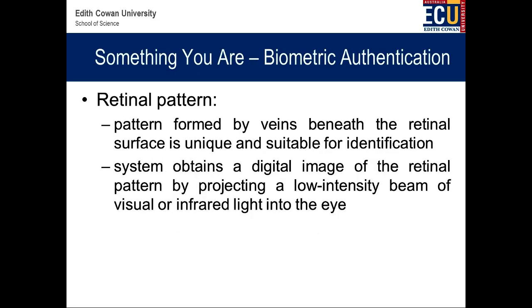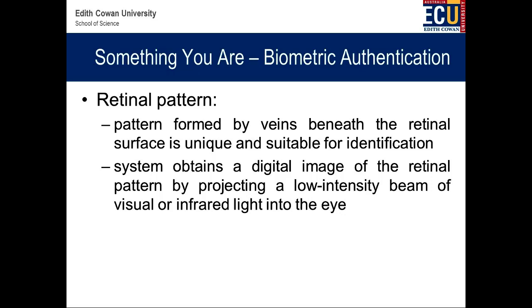Then there is your retinal pattern, which is another example of static or physiological biometrics. In the retina, a pattern is formed by the veins beneath the retinal surface, which is unique and suitable for identification. The system obtains a digital image of your retina and those vein patterns by projecting a low-intensity beam of visual or infrared light into the eye.